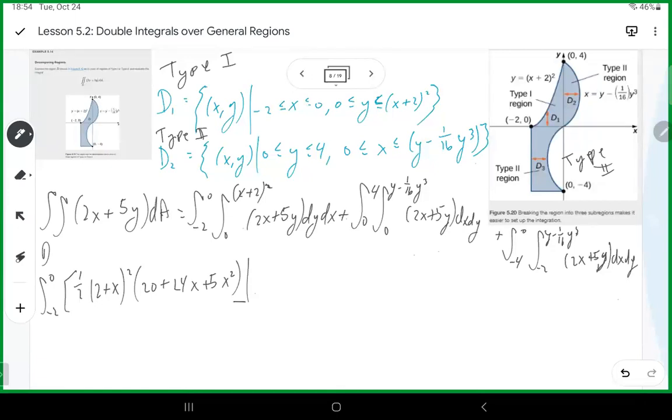So that's the step that we're on. It's 1 over 256 y to the 6th minus 7 over 16 y to the 4th plus 6y squared, and plus, -2, or sorry, that one's going to be -4 to 0.